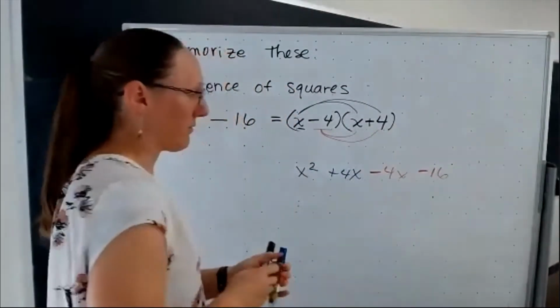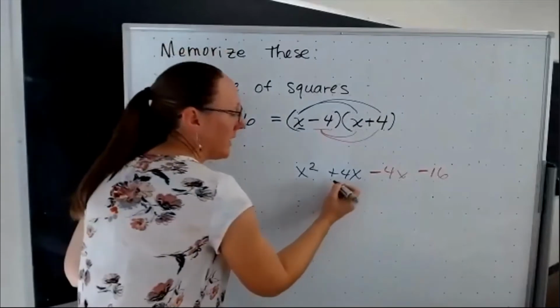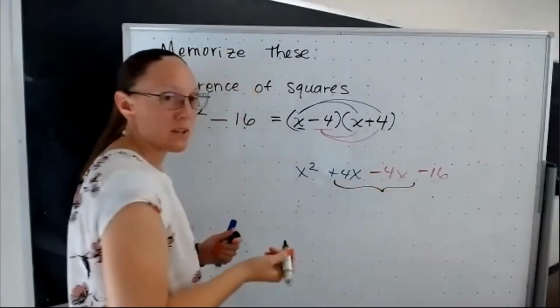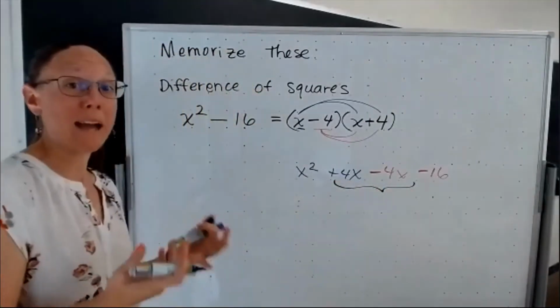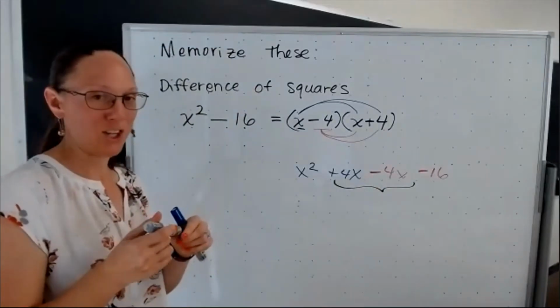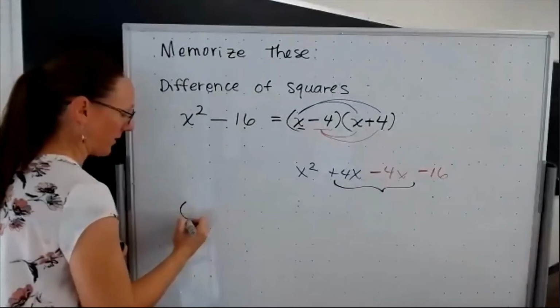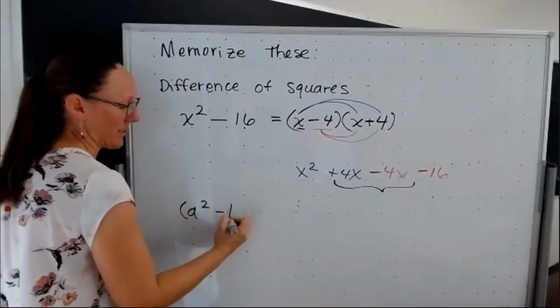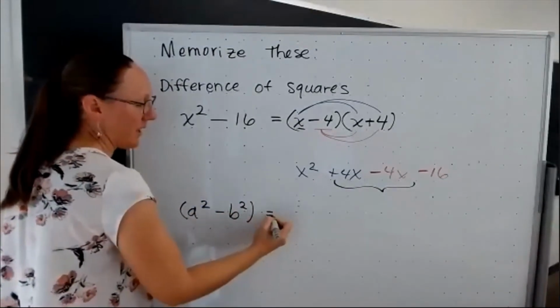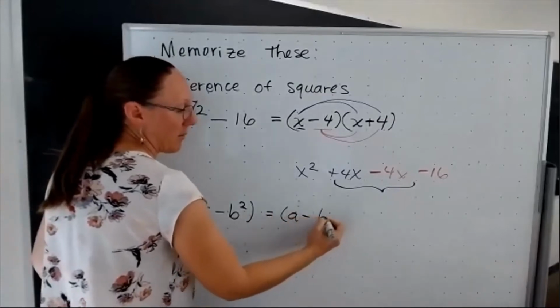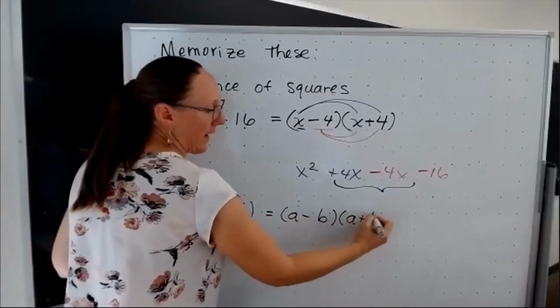When we have this difference of squares, these middle terms cancel out. That's kind of what's magical about the difference of squares. So in general, when I have something that looks like a squared minus b squared, that should factor as a minus b times a plus b.